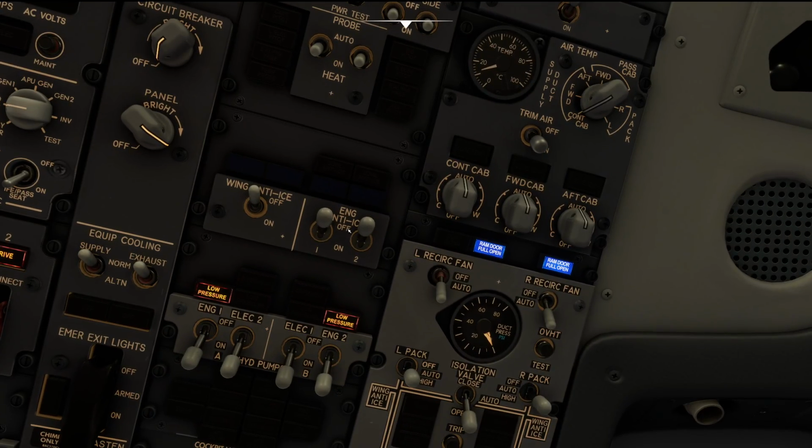So we have engine anti-ice and wing anti-ice over here. However, the wing anti-ice is actually used as a de-icing tool, while the engine anti-ice is used as an anti-icing tool. In other words, you activate the engine anti-icing prior to entering icing conditions, but the wing anti-ice is only used after ice has already built up on your airplane to remove that ice again.